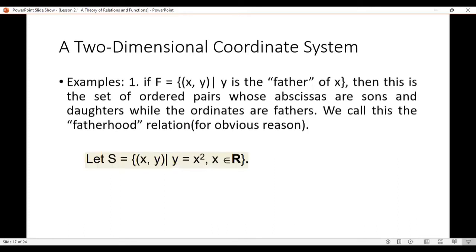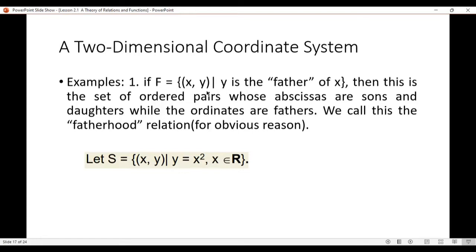In example 1, let's say the letter F is the set of ordered pairs (x, y) such that y is the father of x. Then this is the set of ordered pairs whose abscissas are sons and daughters, while the ordinates are fathers.